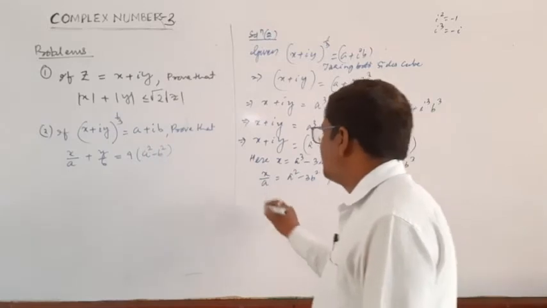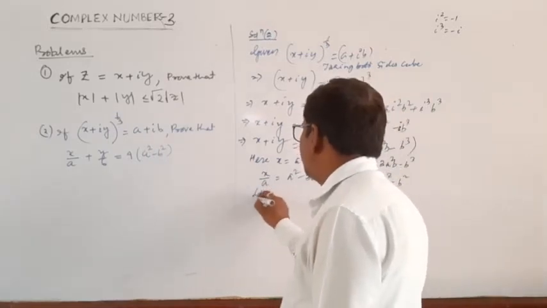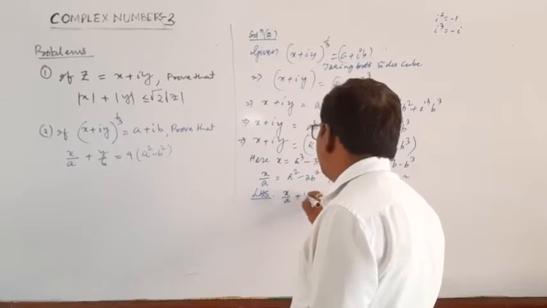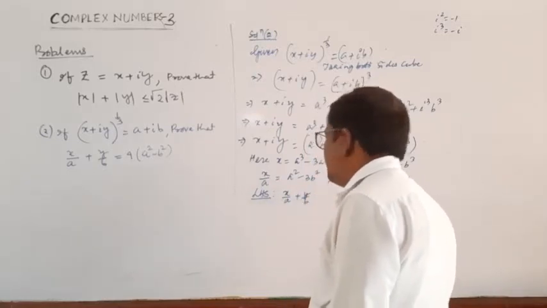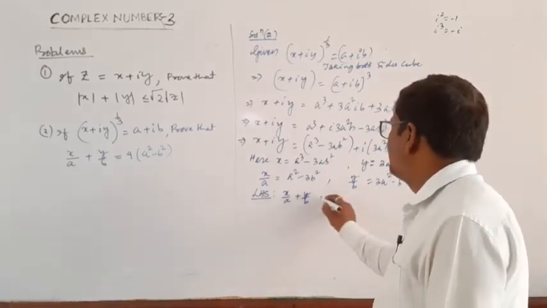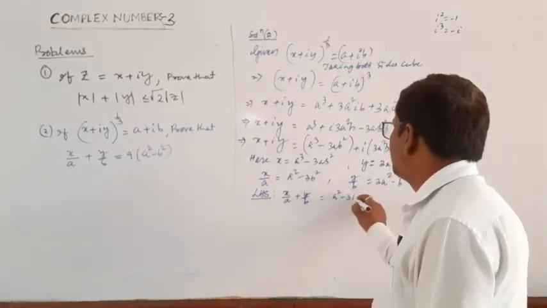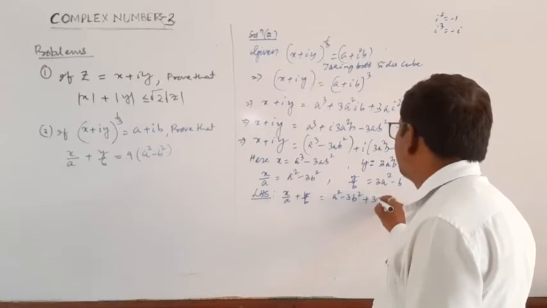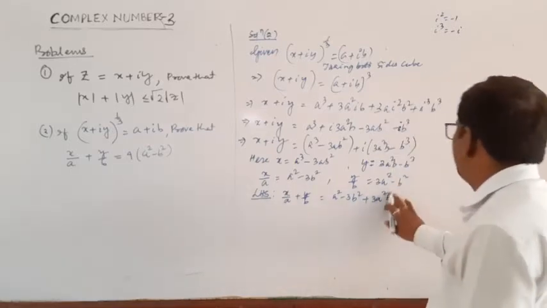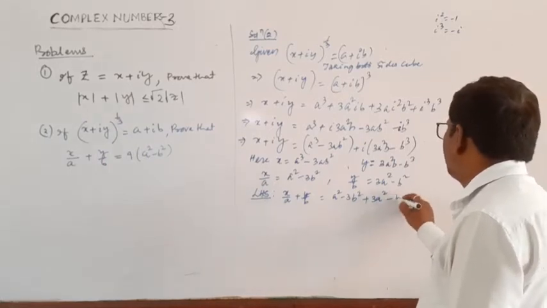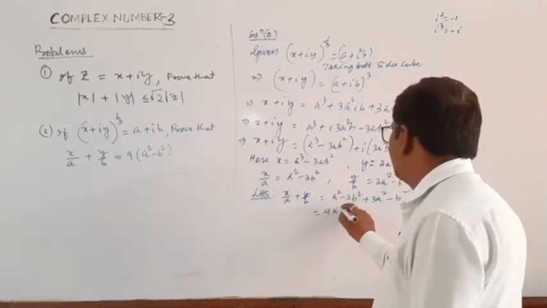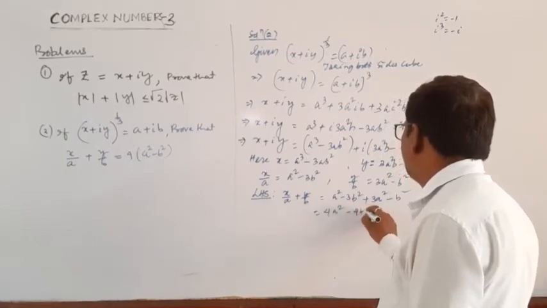Now left hand side, x by a plus y by b. What is x by a? X by a means a square minus 3b square plus 3a square minus b square. That implies 4a square minus 4b square.